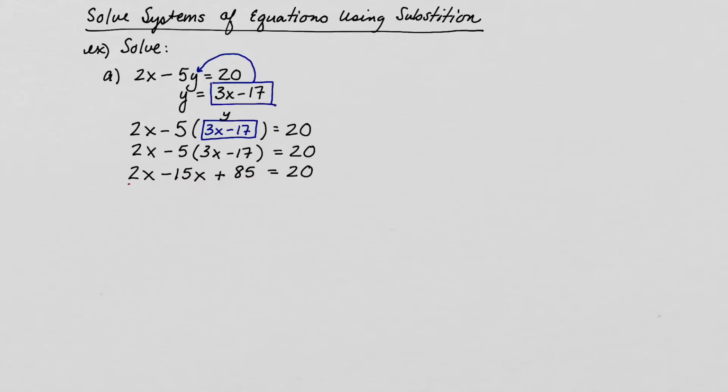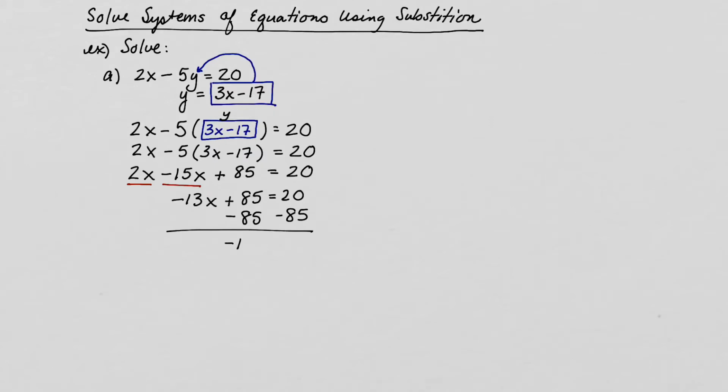Now on the left-hand side, I'm going to put together the like terms. The like terms are the 2x and the minus 15x. I have two of these x things, and then I'm taking away 15 of those x things, so I'm left with minus 13x plus 85 equals 20. I want to get the variable all by itself, so I'm going to subtract 85 from both sides.